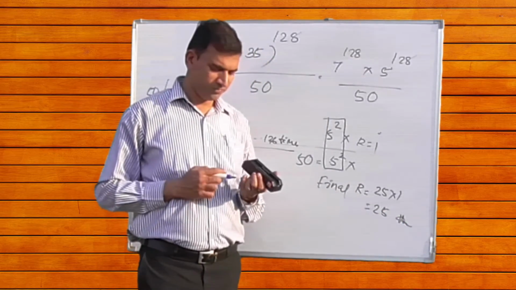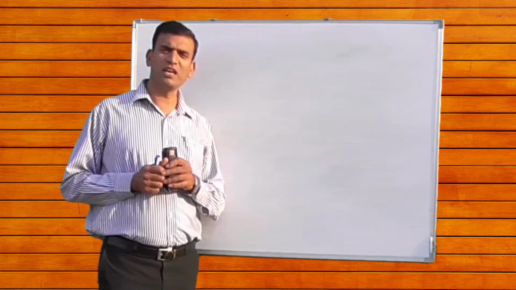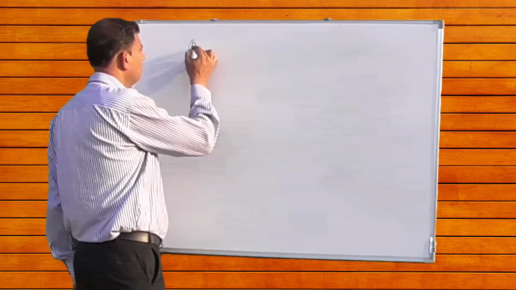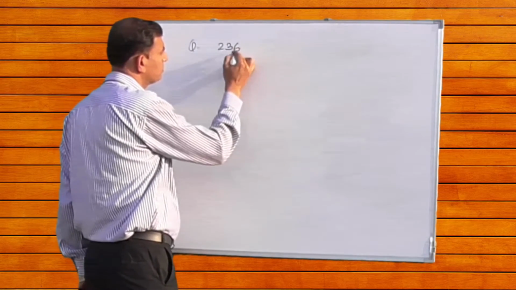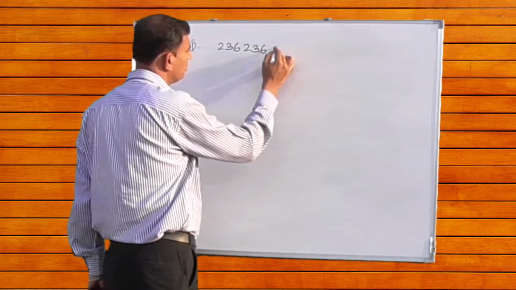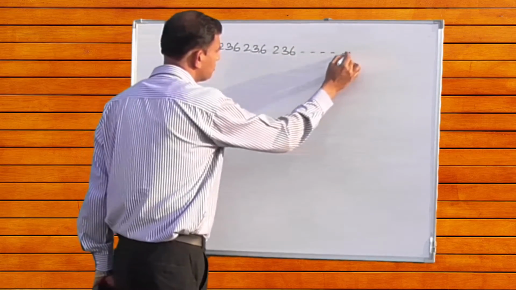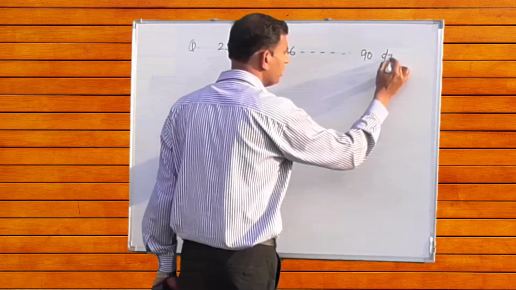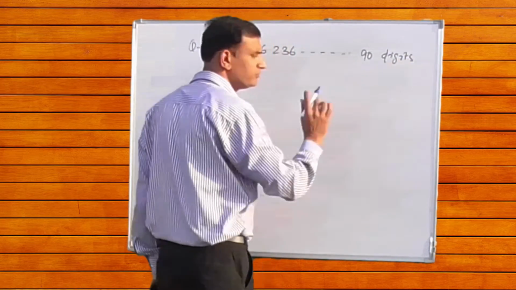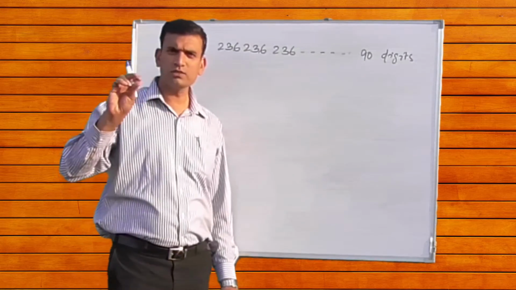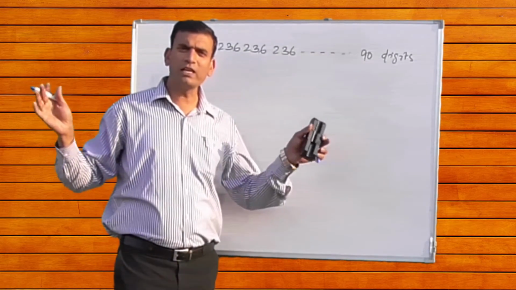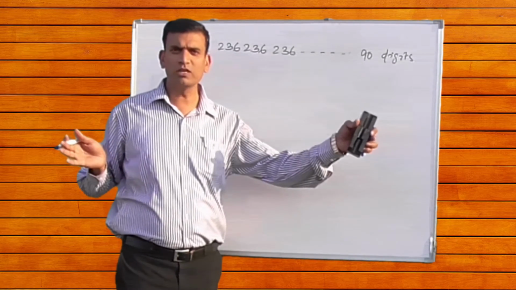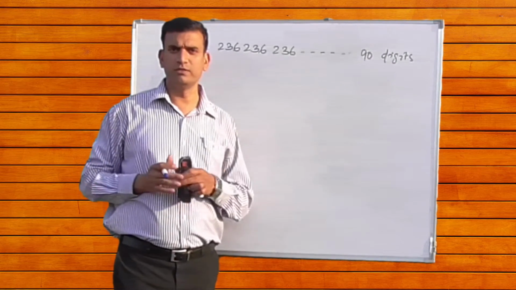Now the next question is 236, 236, 236, and so on. In total we have 90 digits. If I write 236 thirty times, then that number consists of 90 digits.